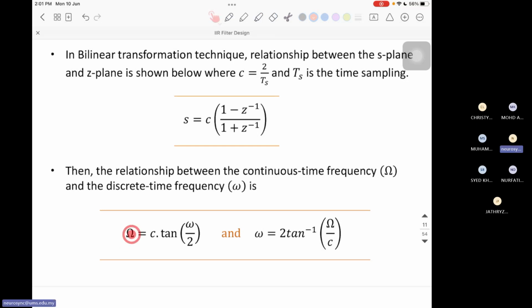The continuous time frequency capital omega is equal to C into tan of omega by 2, where omega is the discrete time frequency. Or this omega is 2 times tan inverse of capital omega by C. This is a very important relation.